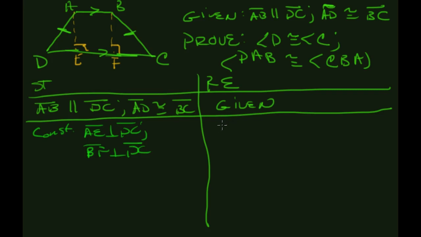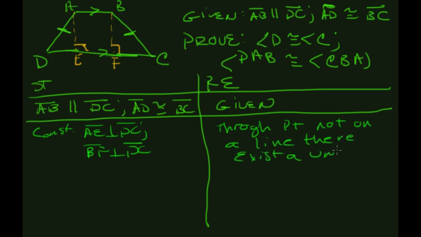And I can do this because through a point not on a line, there exists a unique line perpendicular to the given line.